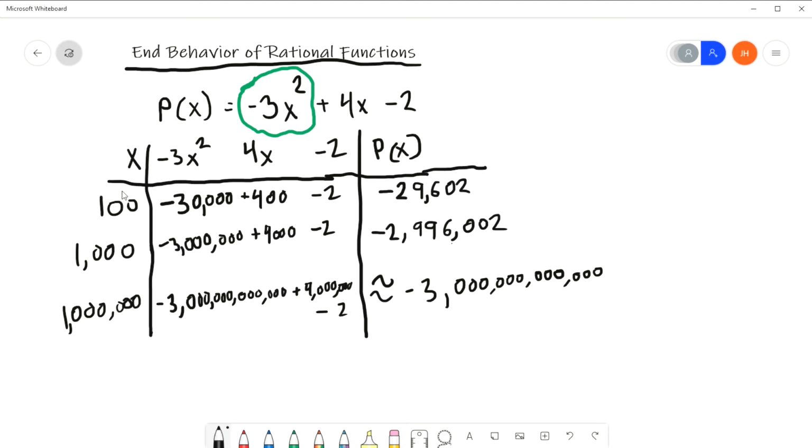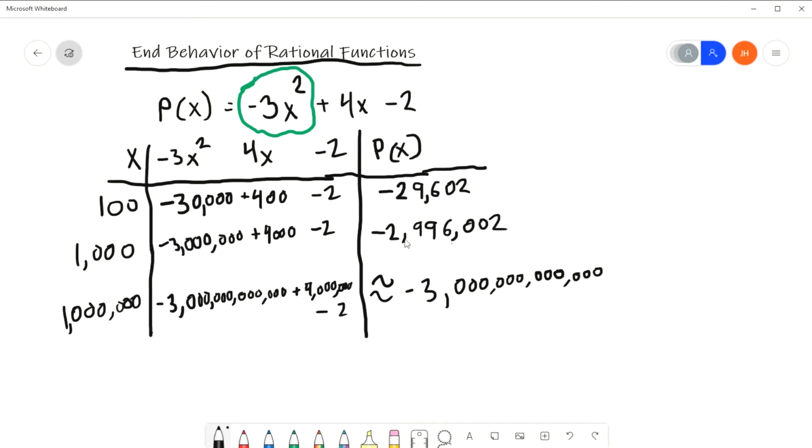Then if we up the ante and look at x values that are even bigger, like 1,000, you see that I get negative 3 million, and this is only going to be 4,000, right? This is purely because of the power. This is because the exponent is bigger. Because I have a greater power affecting the x, it just grows so greatly.